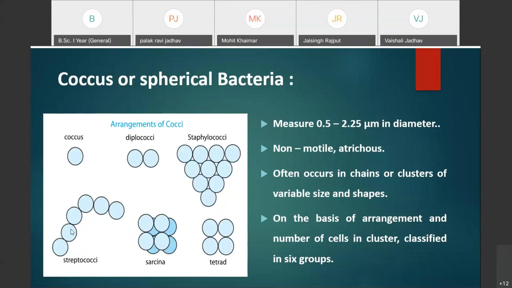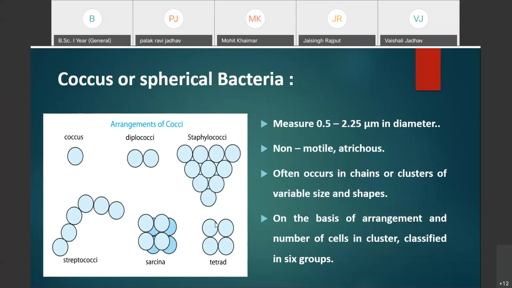The example of the streptococci is Streptococcus lactis.